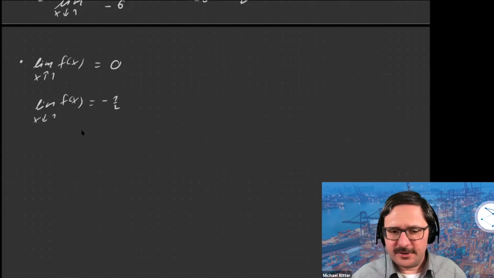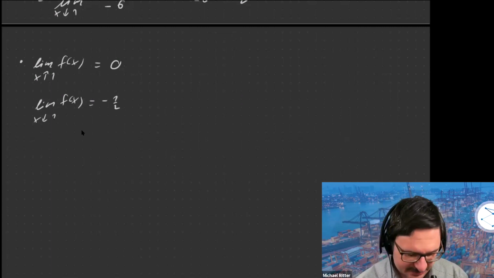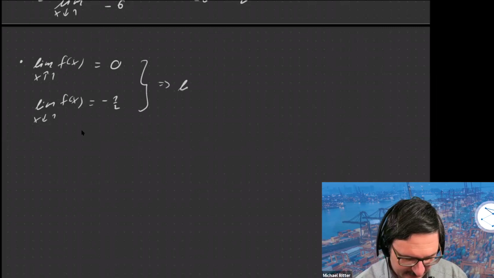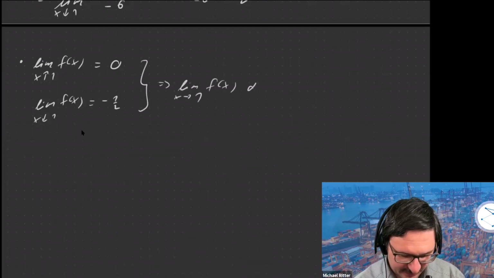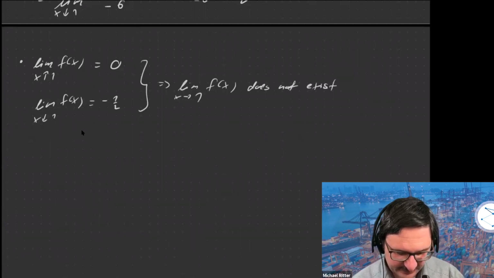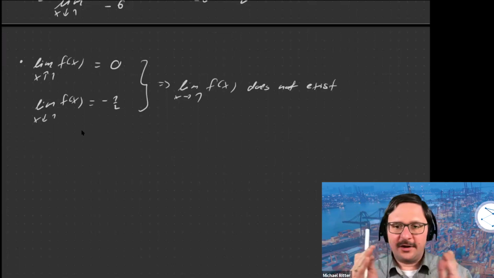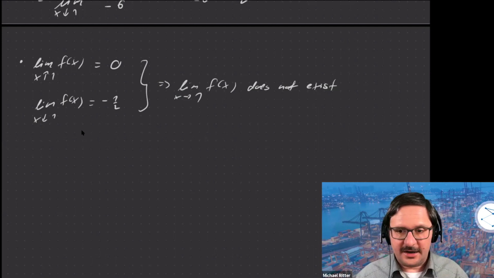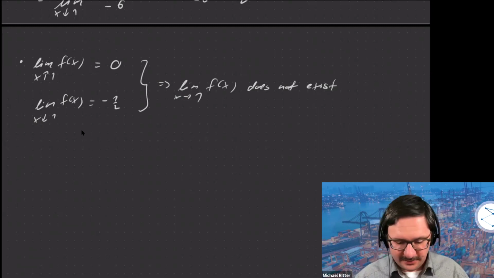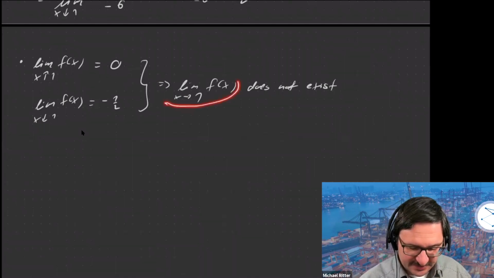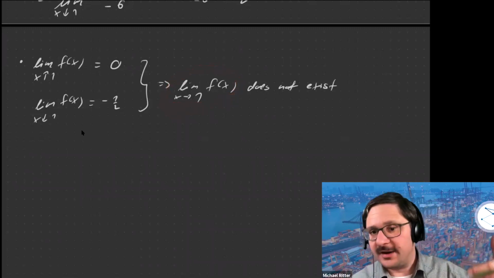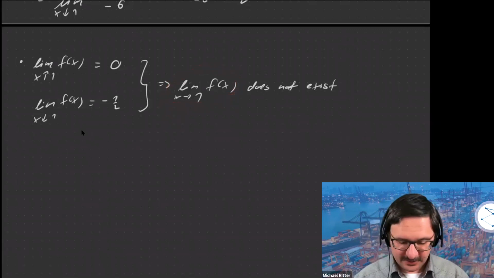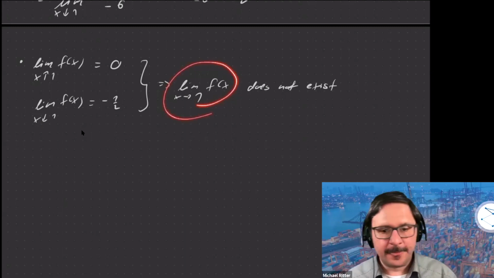And that specifically means the limit of f as x tends to 1 does not even exist. Right? If the two one-sided limits don't agree, or one of them doesn't exist, then of course that limit cannot exist either. The limit of a function exists if and only if both one-sided limits exist and agree in value. So this limit does not exist.